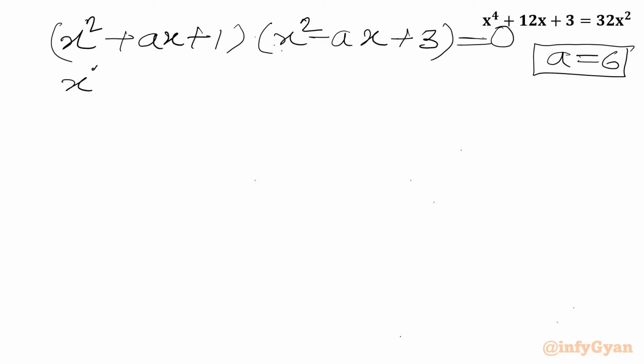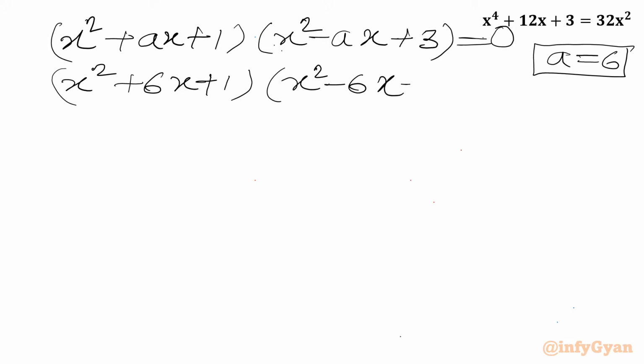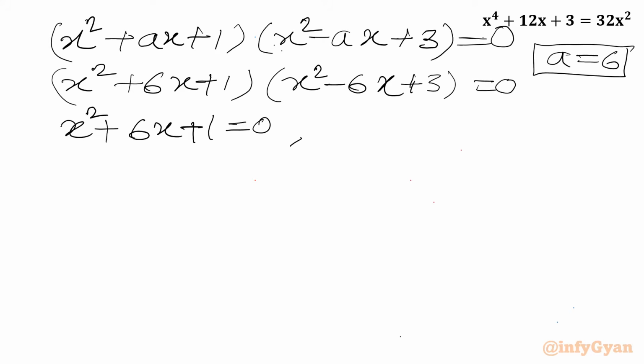So I will write (x^2 + 6x + 1)(x^2 - 6x + 3) = 0. So we can conclude x^2 + 6x + 1 = 0, or x^2 - 6x + 3 = 0.